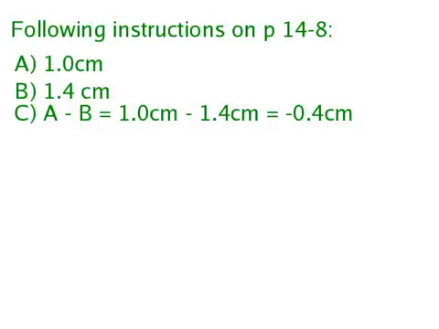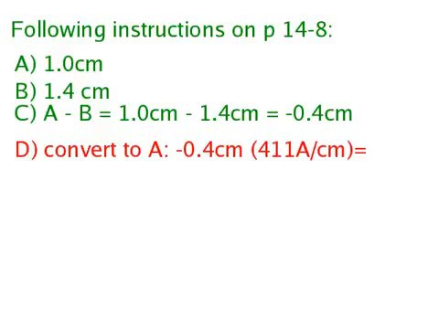It doesn't really matter if you convert right away or if you calculate with the centimeters. It goes quicker this way actually, using the centimeters and then just convert the difference to angstrom. So we just multiply our negative 0.4 centimeters by the 411 angstrom per centimeter, and we should wind up with the same negative 164.